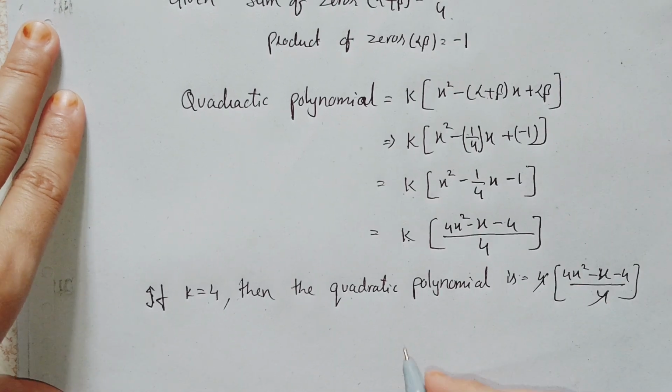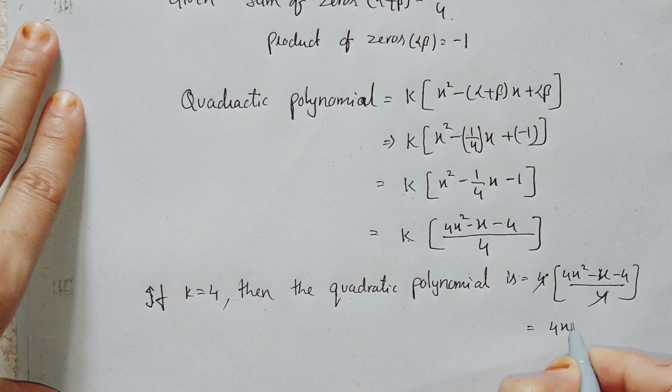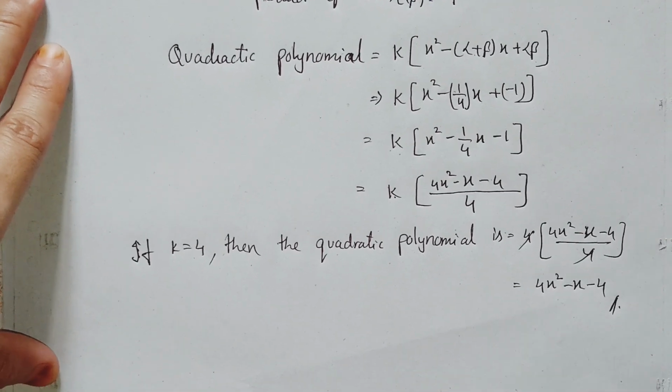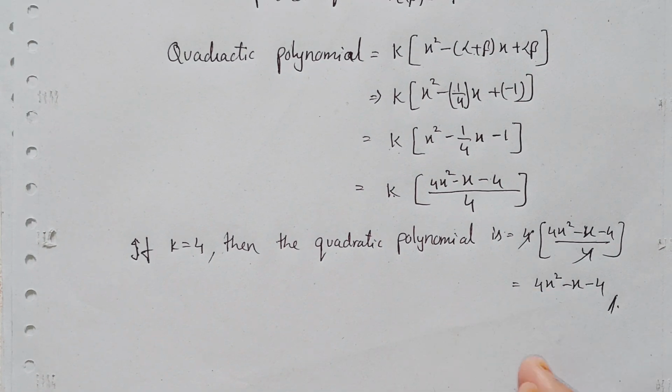Here the 4 gets cancelled. Then the quadratic polynomial is 4x square minus x minus 4. Okay, this is the answer. In this way we have to find the rest of the questions. I'll do it for you.